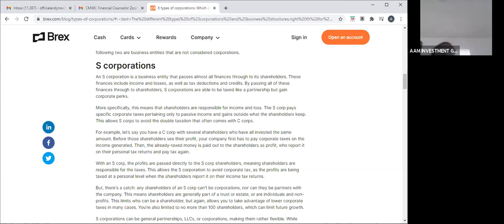Okay. So let me break that down. More specifically, this means that shareholders are responsible for their own income and loss. The S-Corp pays specific corporate taxes pertaining only to passive income and gains outside of what the shareholders keep. This allows S-Corps to avoid the double taxation that often comes with the C corporation.